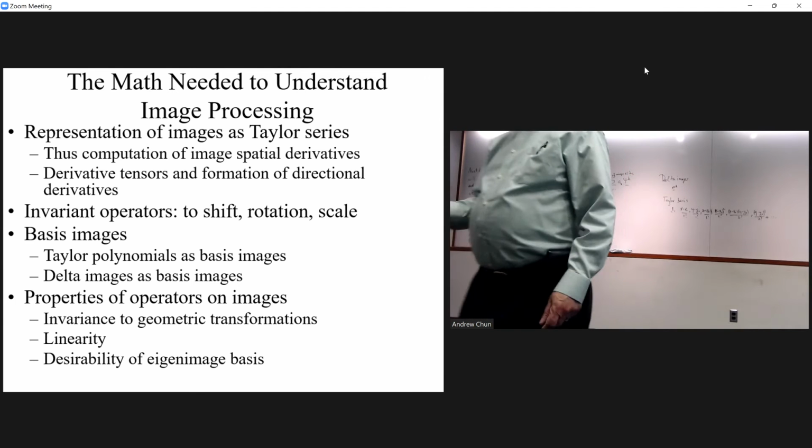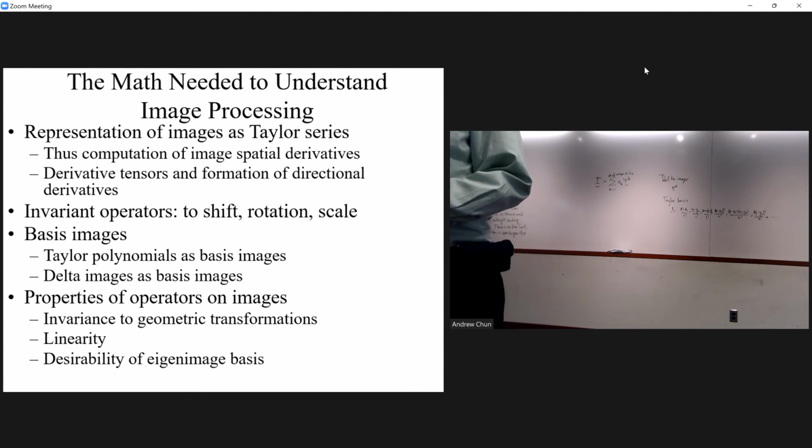And these are expanded about a reference point, x0, y0, and are local to that, in the sense that the approximation that's developed is adequately accurate near x0.